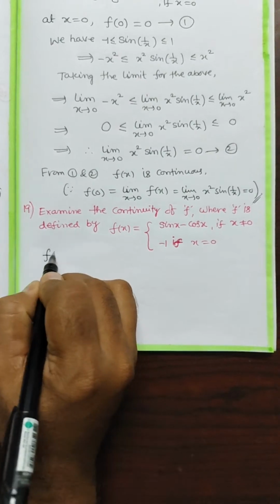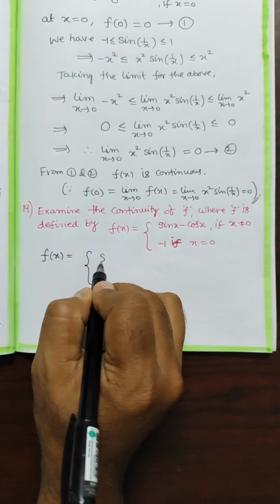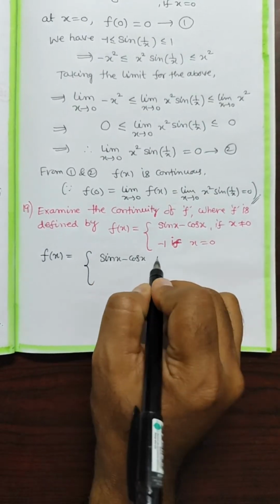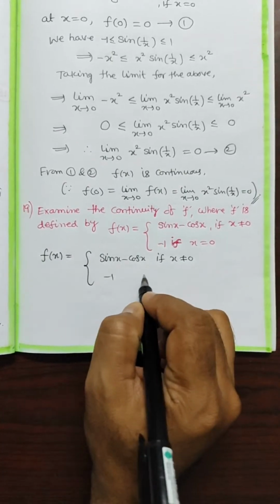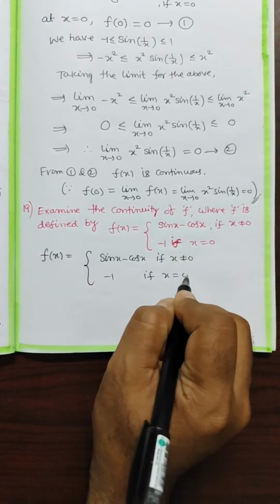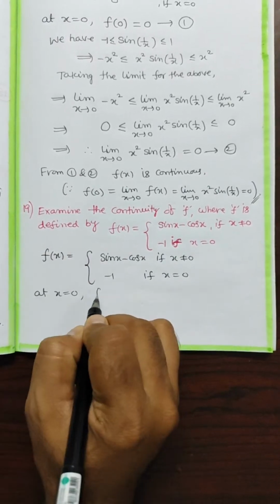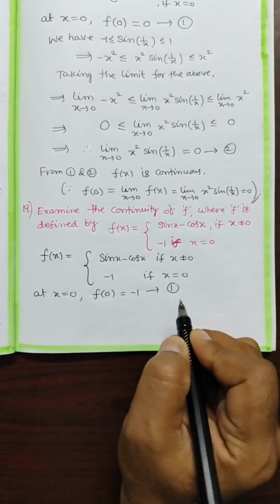So f of x is equal to, dear students, sin x minus cos x if x is not equal to 0, minus 1 if x is equal to 0. At x is equal to 0, f of 0 is equal to minus 1. Keep it as equation number 1.